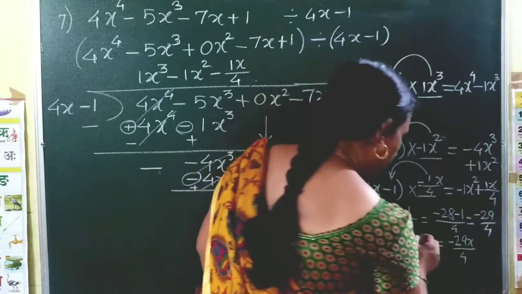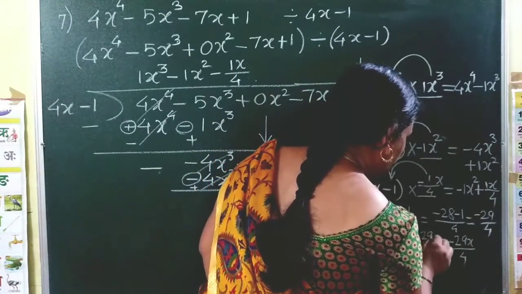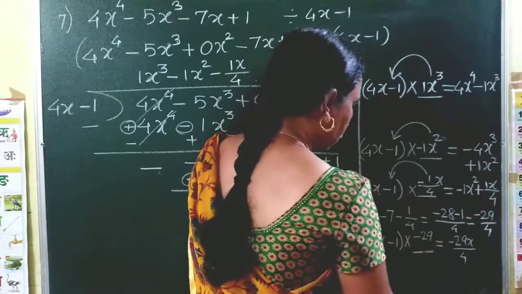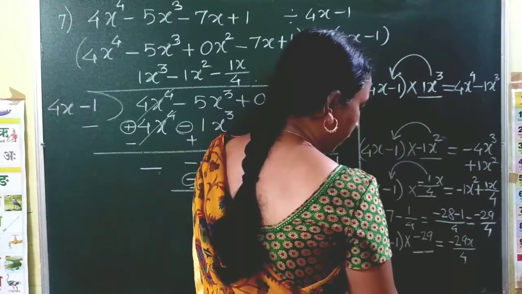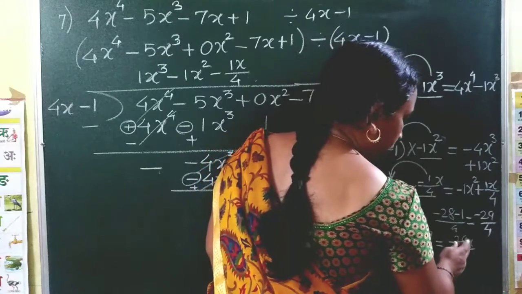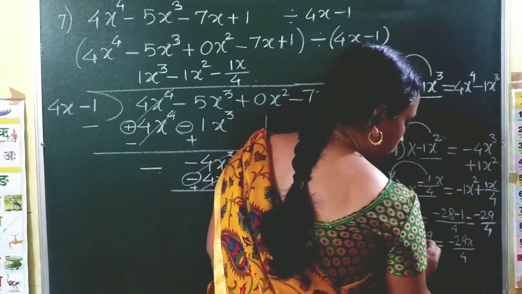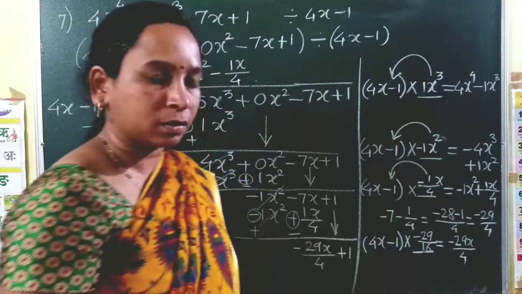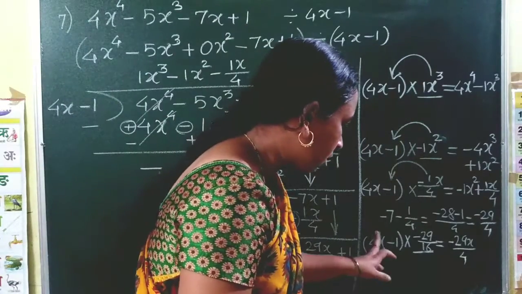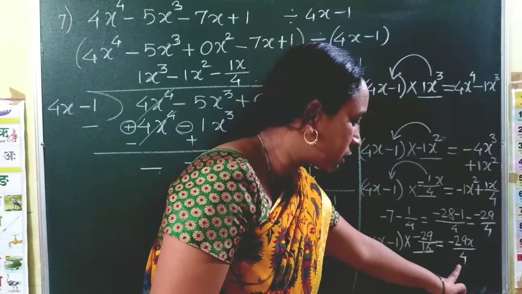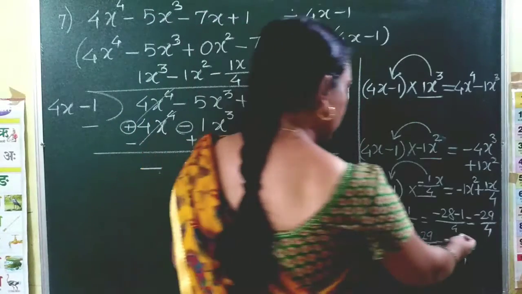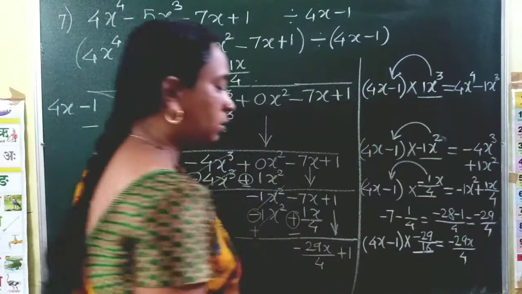So here I should multiply by minus 29 as a product. To cancel this, 4 we have to divide it. So 4 if I divide it, already it is minus 29. So here at the denominator I need 16 as a factor. If you check, 4 ones are 4, 4s are 16. 4 will be left and at the numerator minus 29 and x, it is balanced on both the sides.